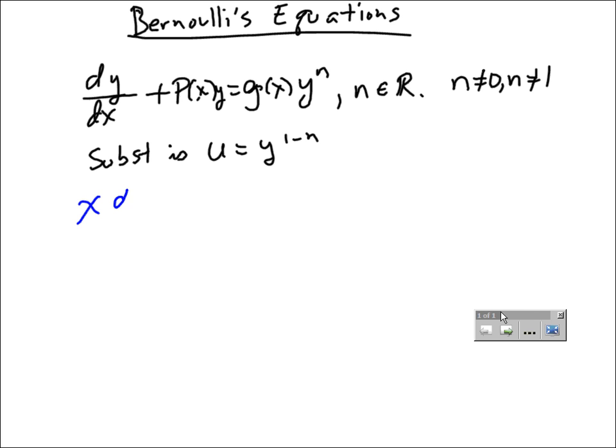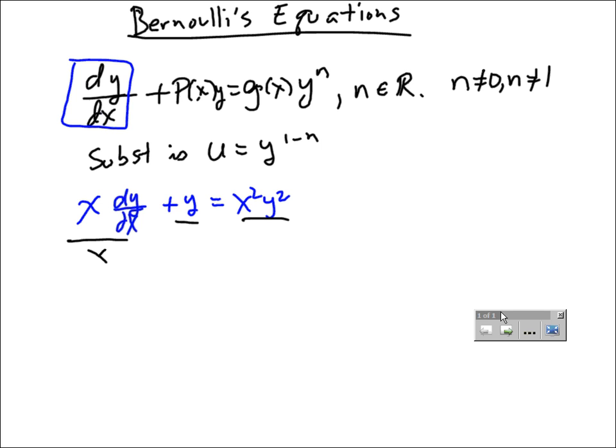Suppose you have x times dy dx plus y equals x squared y squared. To get this to be Bernoulli, you need just dy dx, not x times dy dx. So I'm going to divide every term by x.